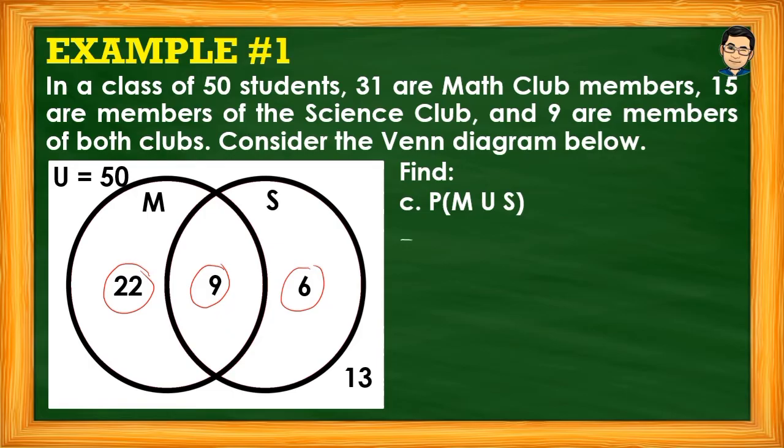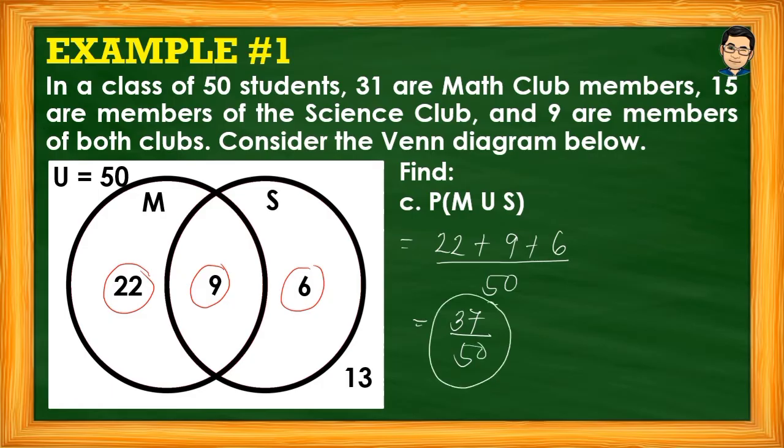So, that will be 22 plus 9 plus 6 all over 50. So, 22 plus 9, that is 31 plus 6, 37 over 50. So, ayan, probability of the union of two events, 37 over 50.